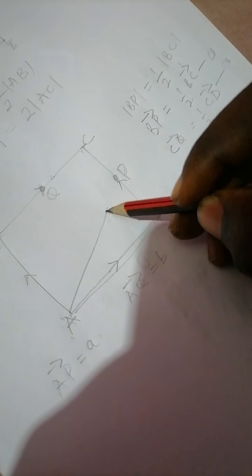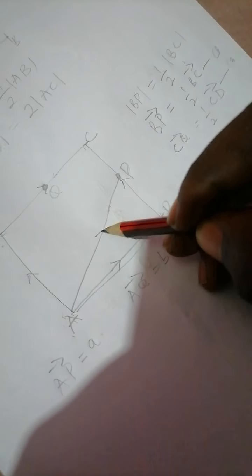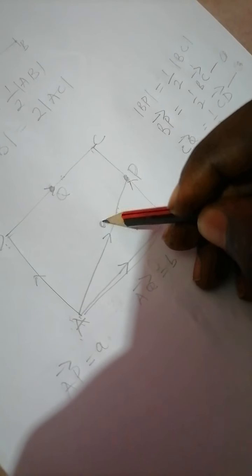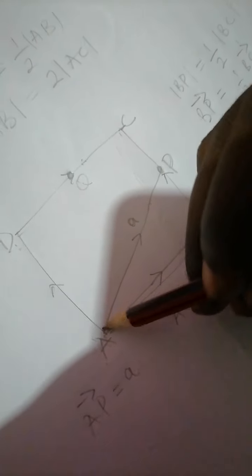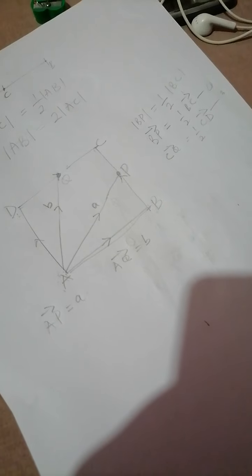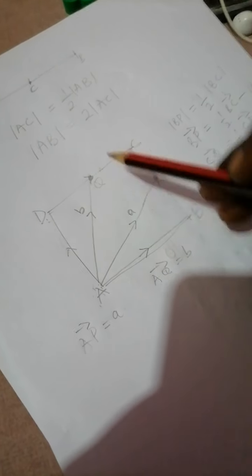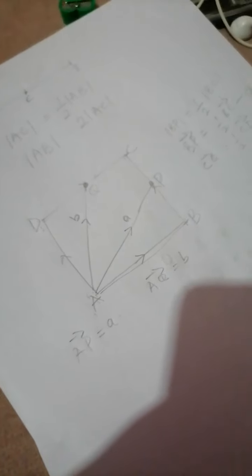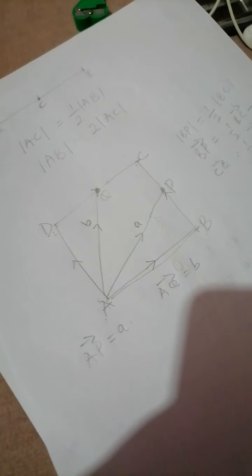So this is vector AP, which is a, and this vector AQ is b. Now I have everything set.